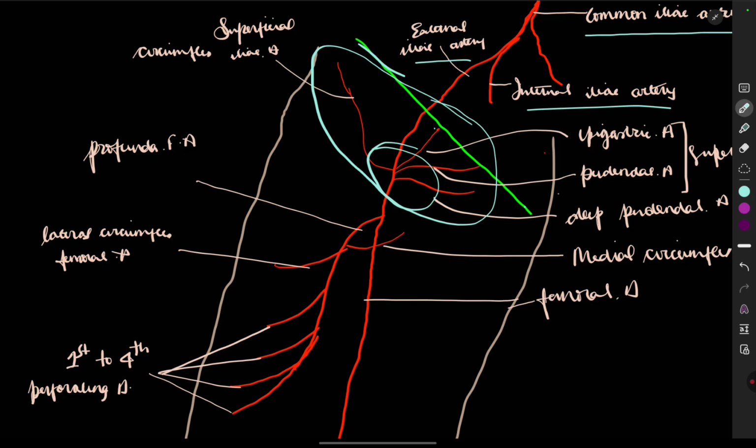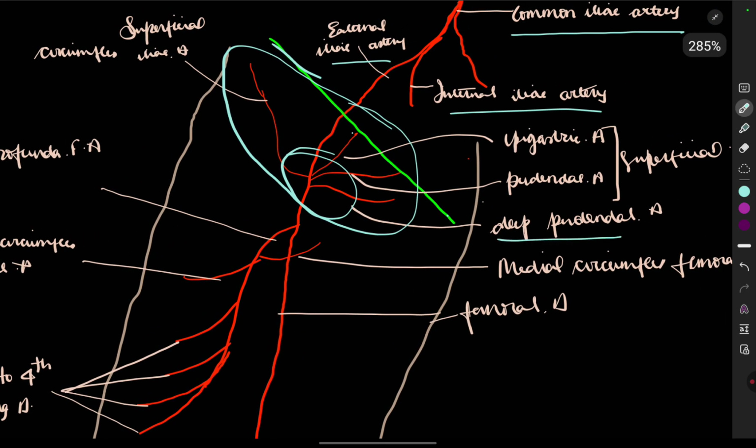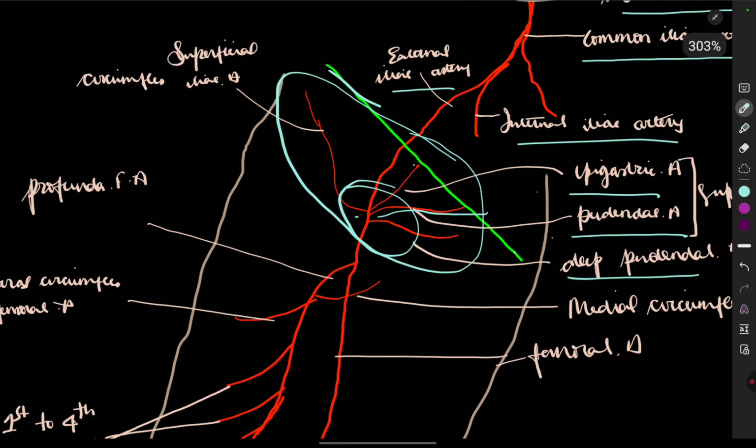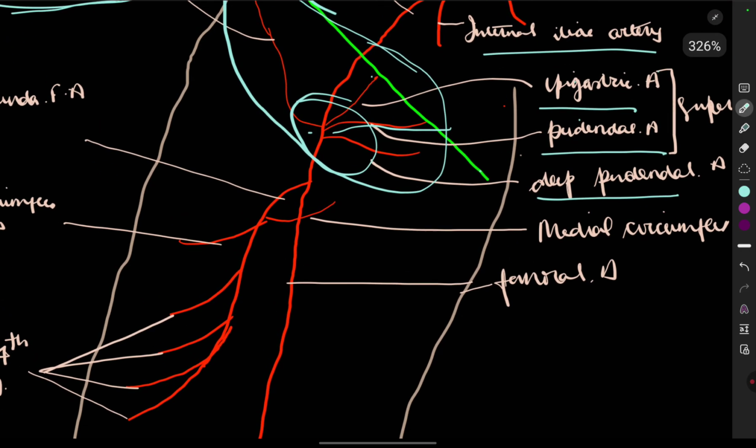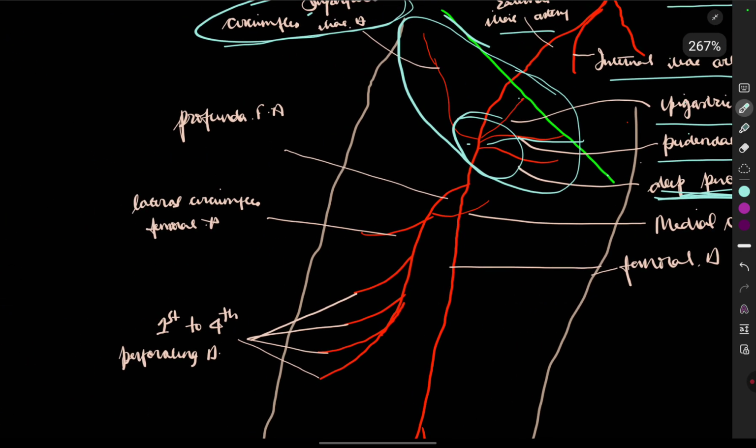Okay, here, and this is the deep pudendal, and these 2 are the superficial, that is the pudendal and the epigastric, and then on the right side we have the superficial circumflex iliac artery. We have seen this already. These 3 are the superficial, and this is the deep pudendal artery that supplies the genitalia.